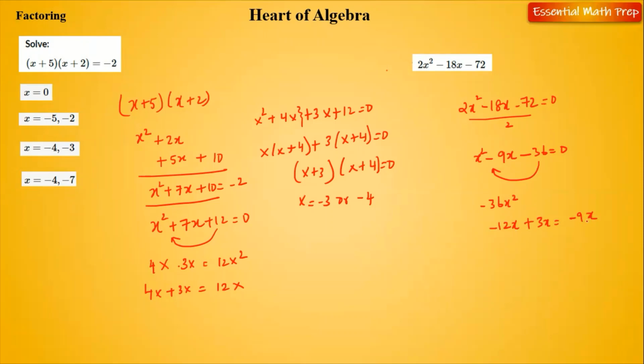So I substitute negative 12x plus 3x for negative 9x, so it will be x squared minus 12x plus 3x minus 36 equals 0. So I split it right here. So it's x times x minus 12, plus 3 times x minus 12 equals 0. x plus 3 times x minus 12 equals 0. x equals negative 3 and 12. That's it.